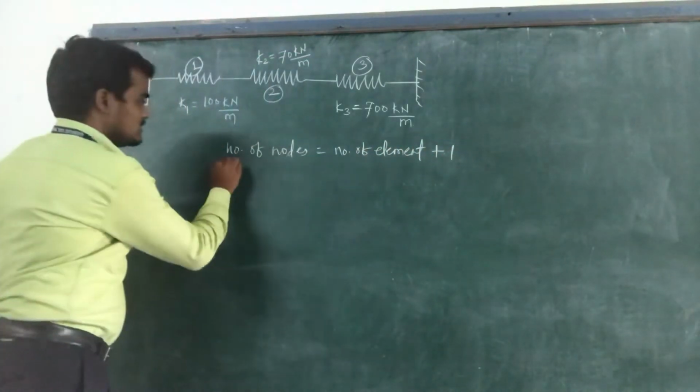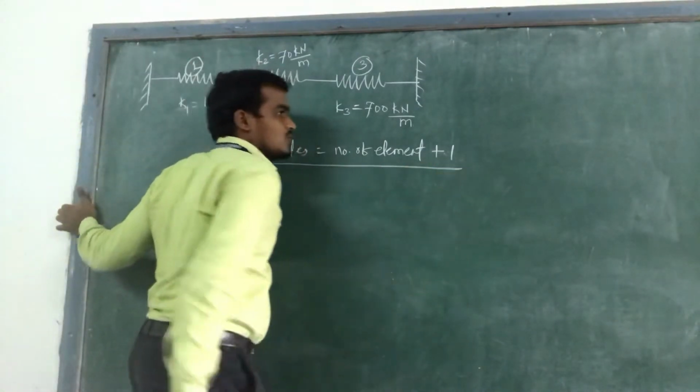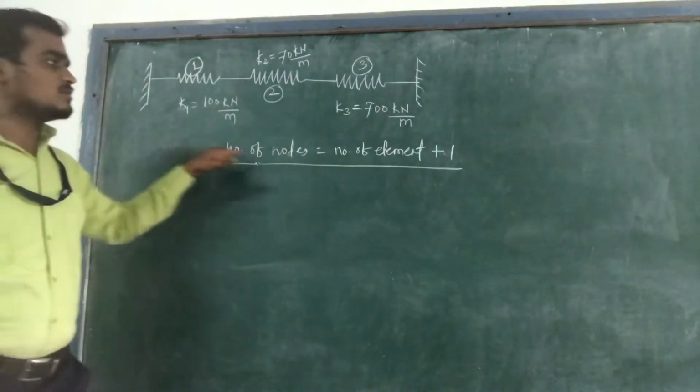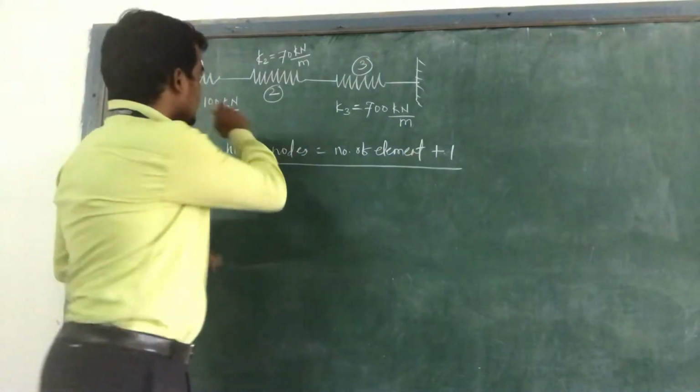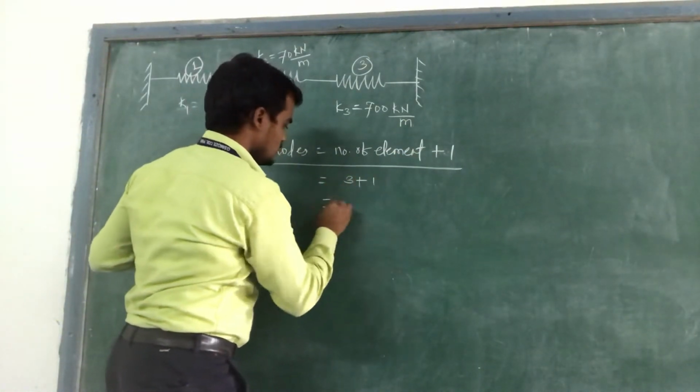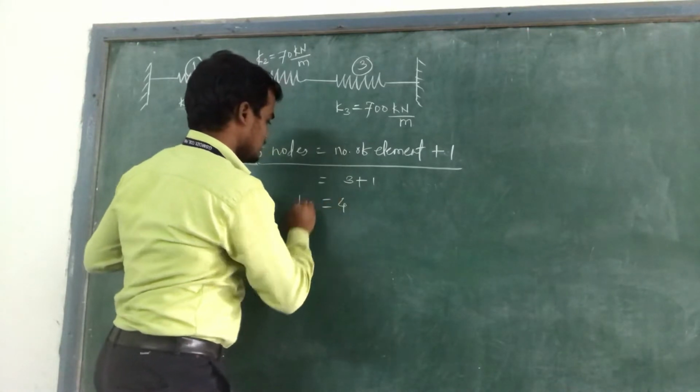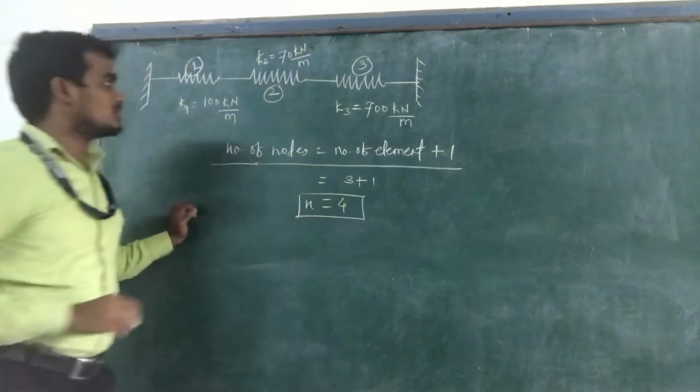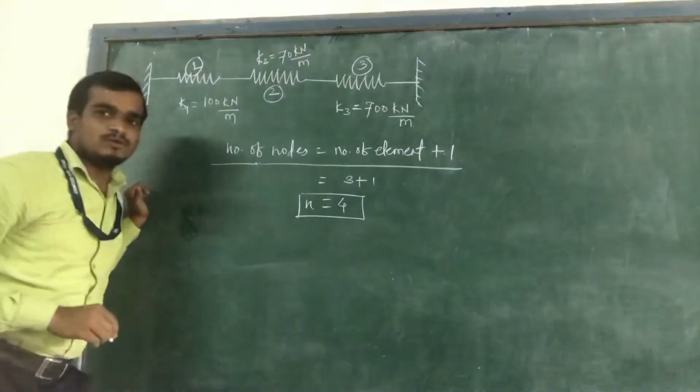This is the standard equation to find the number of nodes. As there are three spring elements, plus 1, the number of nodes for this spring system should be equal to 4.